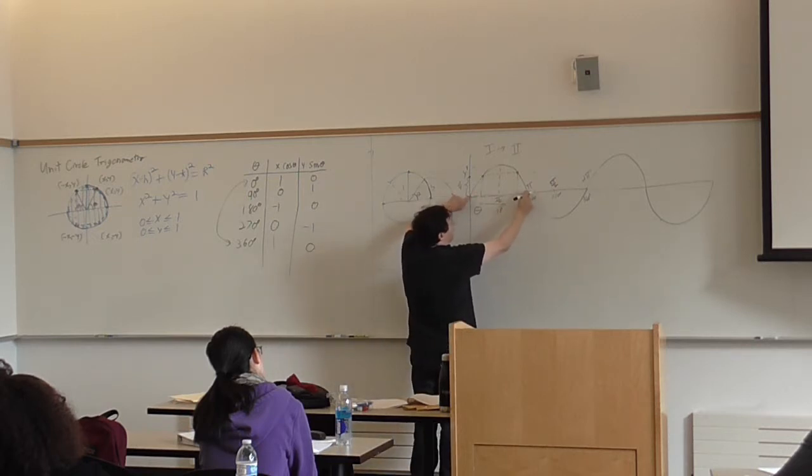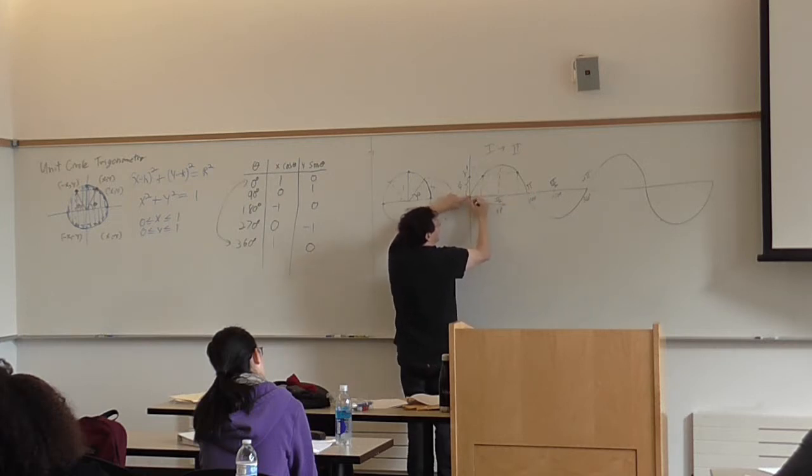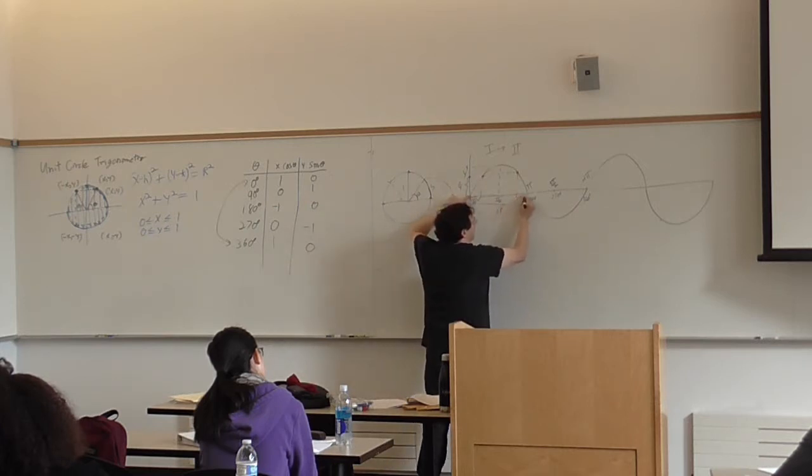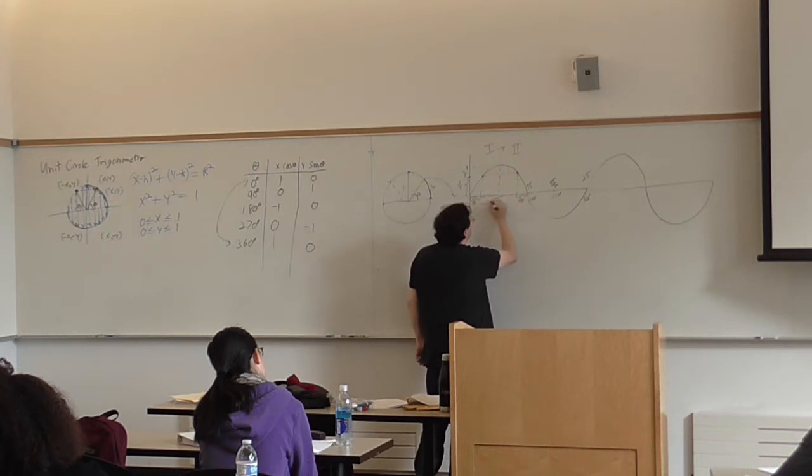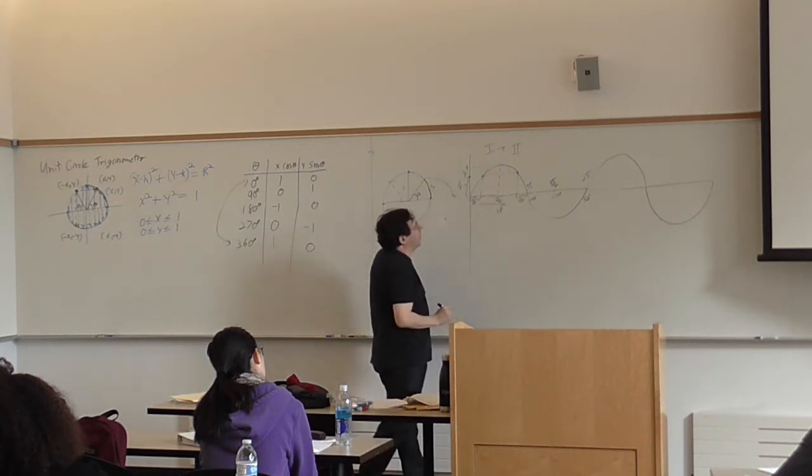Well, this distance is pi, or 180. Here, I'm some theta, some angle that gives me a sine of 3/4. But here, I'm theta away from pi, so I'm 180 minus theta. This distance here is 180 minus theta.